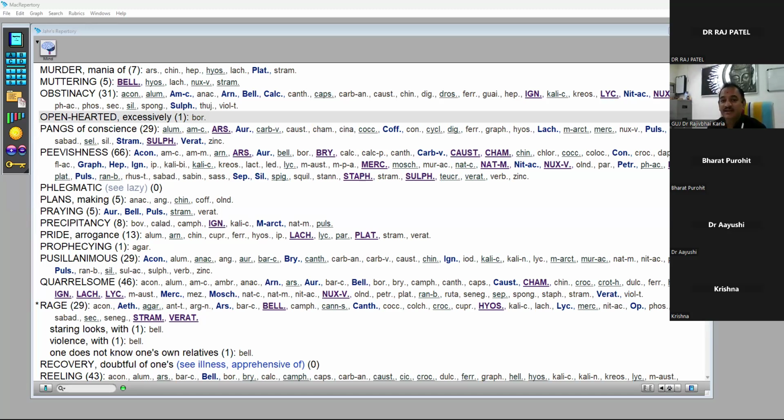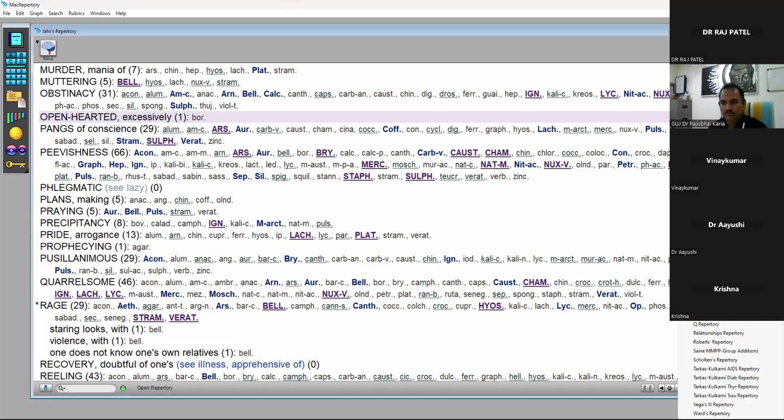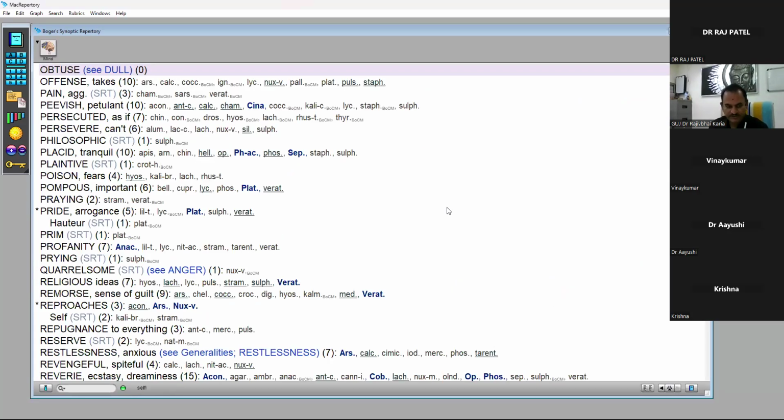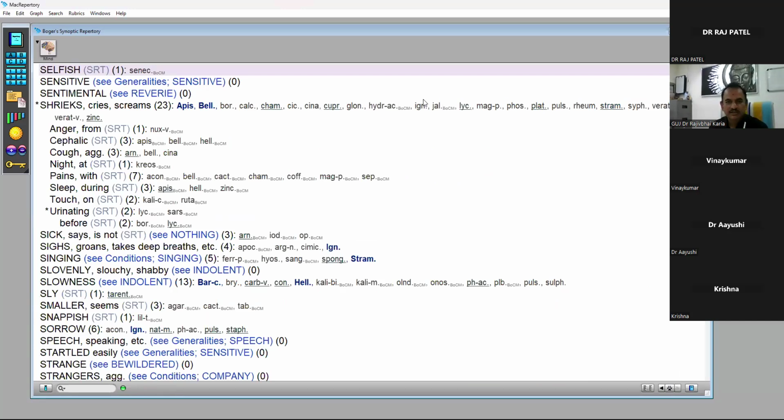Which is the selfish remedy of matrimony? You want to see which is the selfish remedy? Yes, sir. So, I'll show you. You have to open Boger, if you have, and type selfish. What is the remedy seen? Senecio aureus.